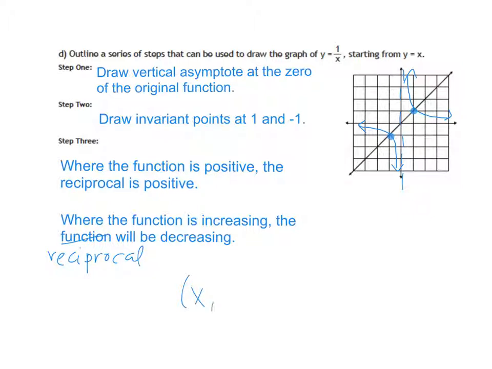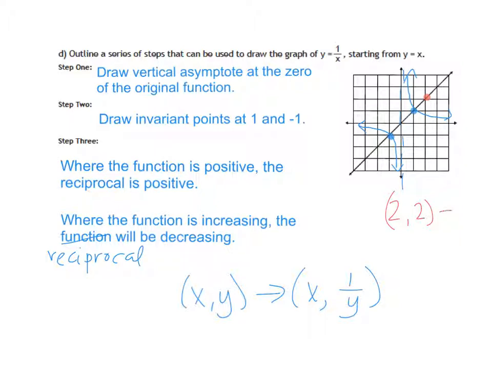The mapping rule for graphing a reciprocal: x stays the same, right? But you take the reciprocal of y. So that's another way, without going through the steps, that you could graph a reciprocal, is just find the reciprocal of every y value. So if we look at a point like, let's see, a point on the original function like this one here, that would be at 2, 2.